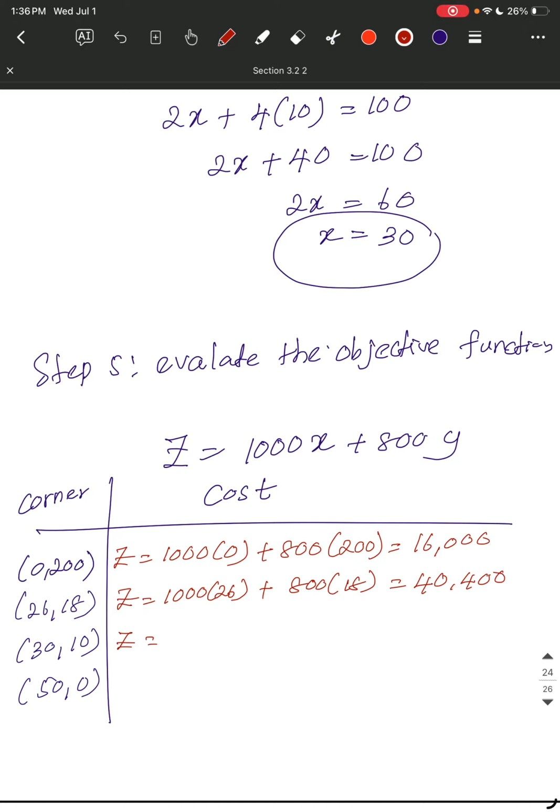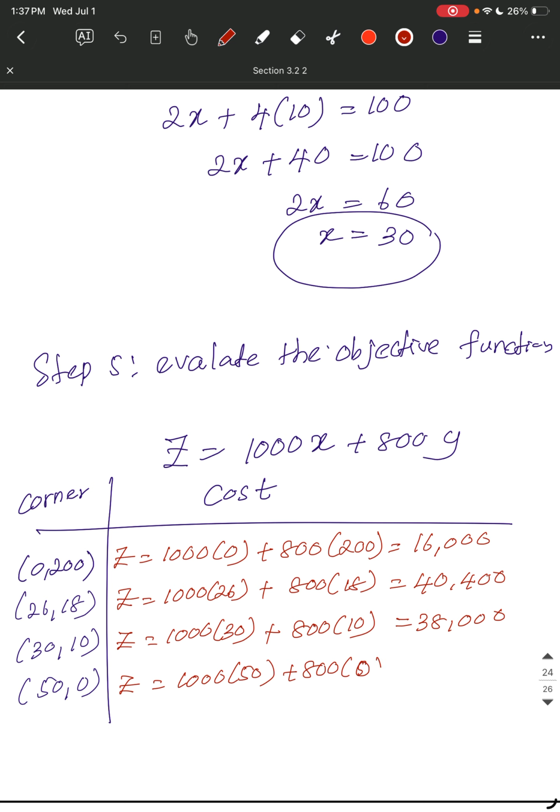Z equals 1000 times 30 plus 800 times 10, $38,000. And Z equals 1000 times 50 plus 800 times 0, 50,000.